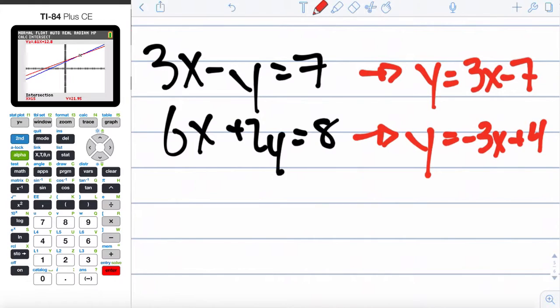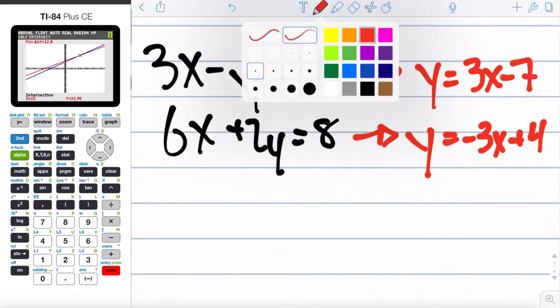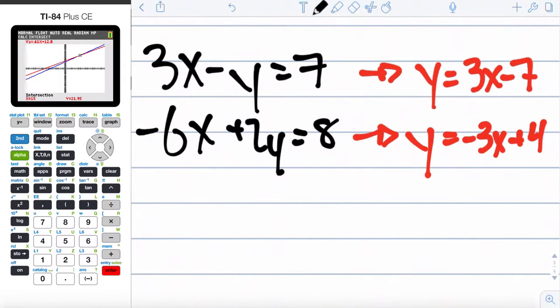Okay, so looking at those two equations, did I copy the problem down wrong? Oh, yeah, I copied the problem down wrong. Negative 6, which makes that a positive 3x minus 4.